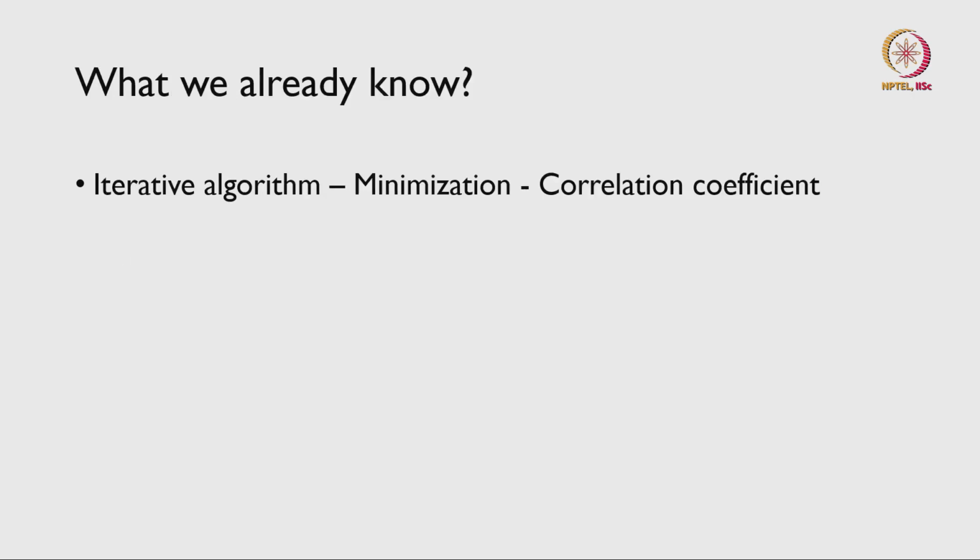As we have already seen in our previous lectures, a typical iterative algorithm for DIC can be developed by minimizing a correlation coefficient. We used the definition of the correlation coefficient as (f minus g) whole square by f square, where f was our reference image and g was our deformed image, but it is not necessary to use the same definition.